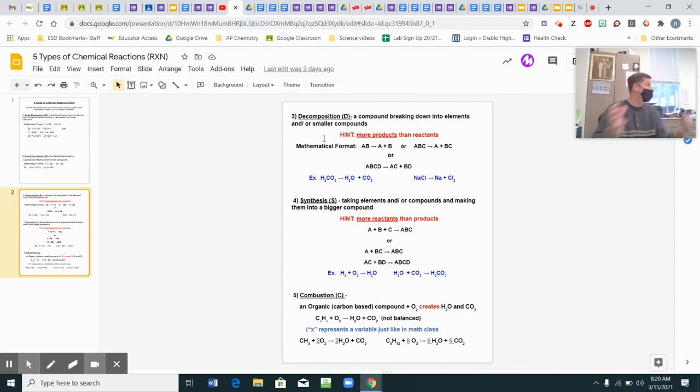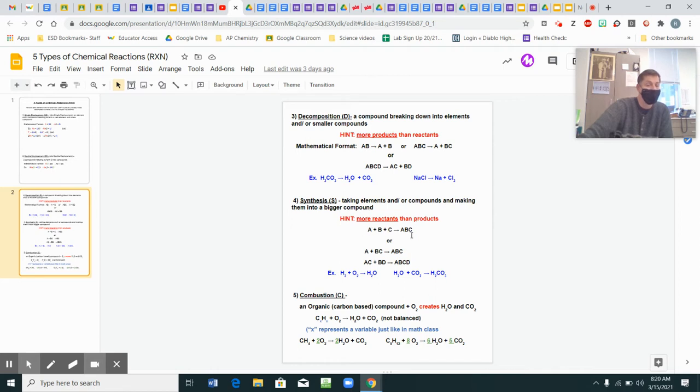Now, if I can take things apart, I can put them back together, right? Think of a Lego house. I can take the Lego house and I can break it apart, right? Could I also now put it back together? Yeah, same thing. That's called synthesis, to make. And with that, I'm going to have more reactants than products.